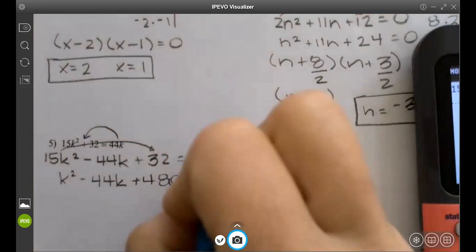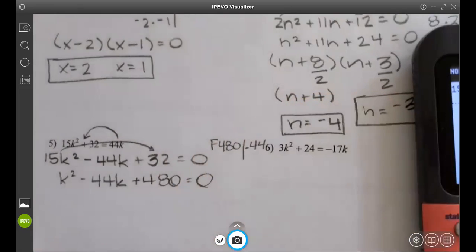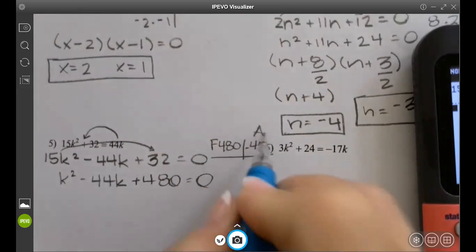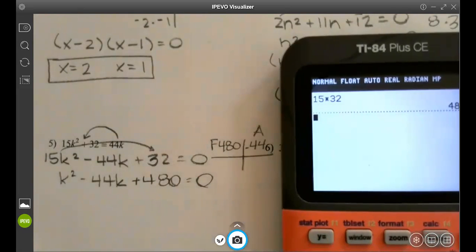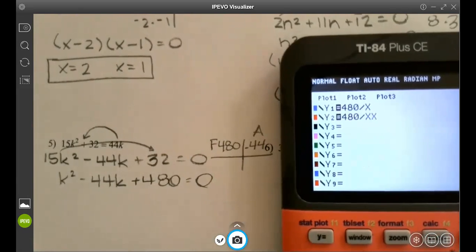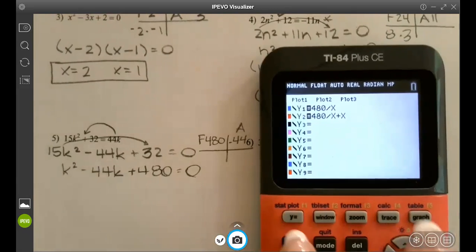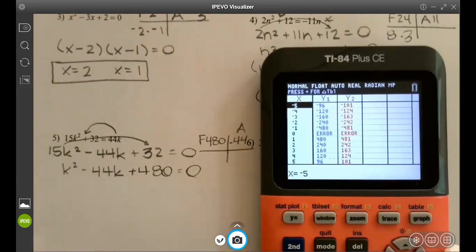I need factors of that 480 that add to -44. I do not know those factors. I don't expect that you would either. So I'm gonna put it in my calculator, 480 divide x, plus x. I'm gonna check my table and I'm looking for -44.